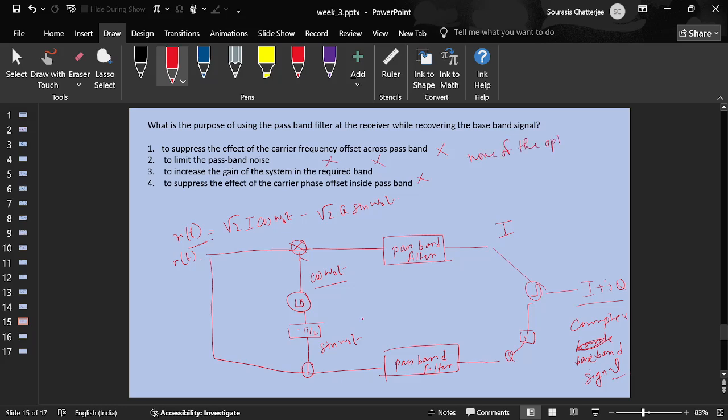Sir, you said passband filter is not same as baseband band pass filter. Can you say what is the difference? Okay, so I guess we can clear that in the next question.